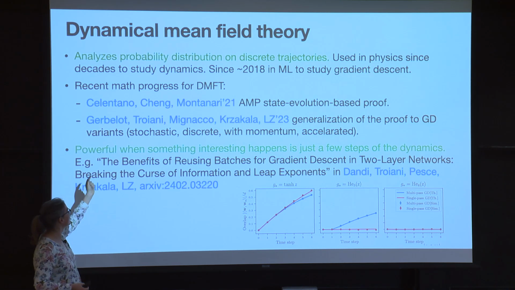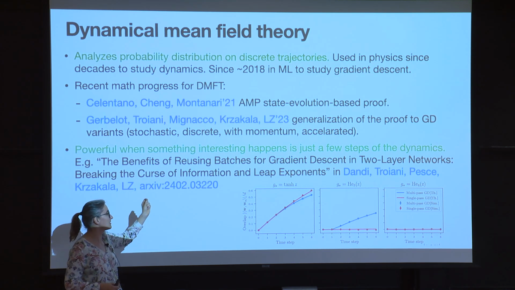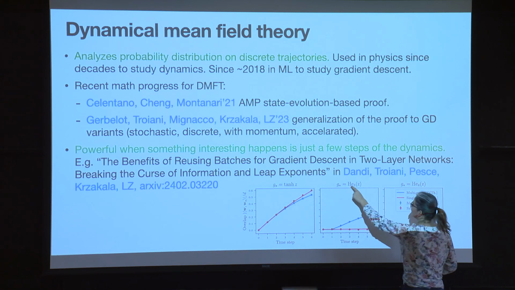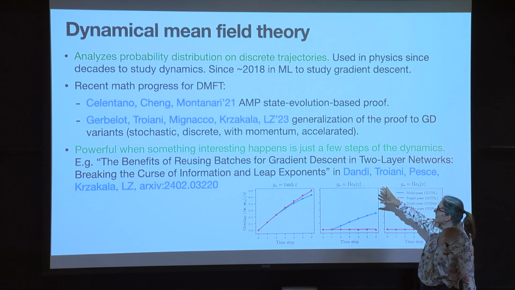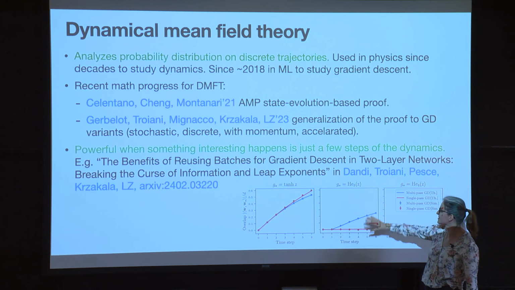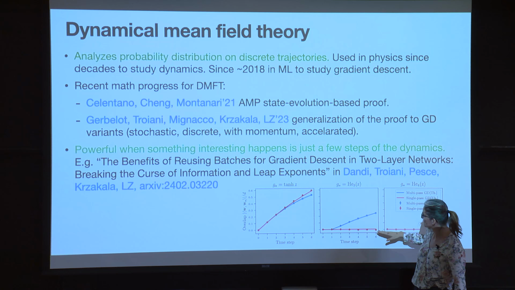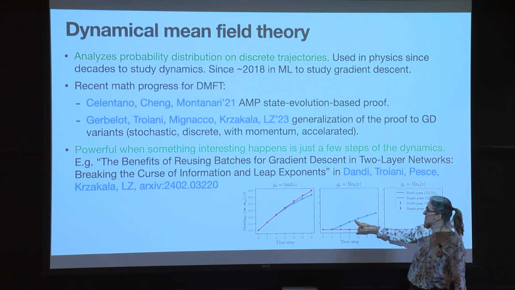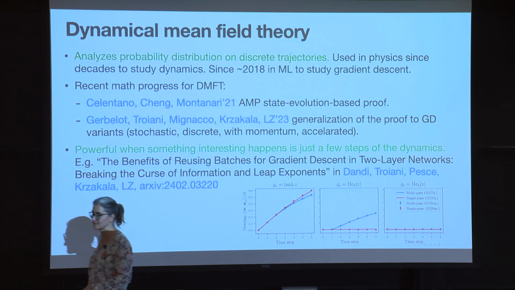So with DMFT, we can show that reusing the samples and using only two steps of gradient descent, some of the functions like x to the power 3 minus 1 that are hard to learn in one-pass gradient descent are actually not hard to learn with multi-pass gradient descent. One pass doesn't learn anything. Multi-pass already in the second step starts getting correlation. So things like that you can extract from the dynamic mean field theory.